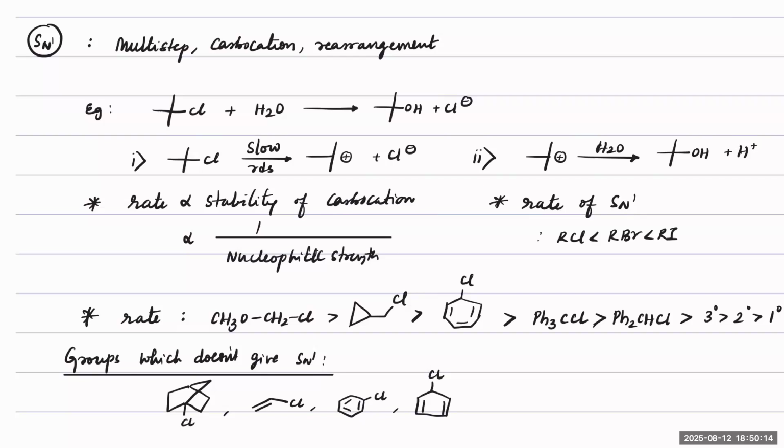These are all weak nucleophiles. If the strength of the nucleophile is weak, it will always help the rate to go faster via the SN1 mechanism. Now, what about the leaving group? You remove iodide, bromide, chloride. If you compare, removing iodide is easier. Therefore, RCl less than RBr less than RI.